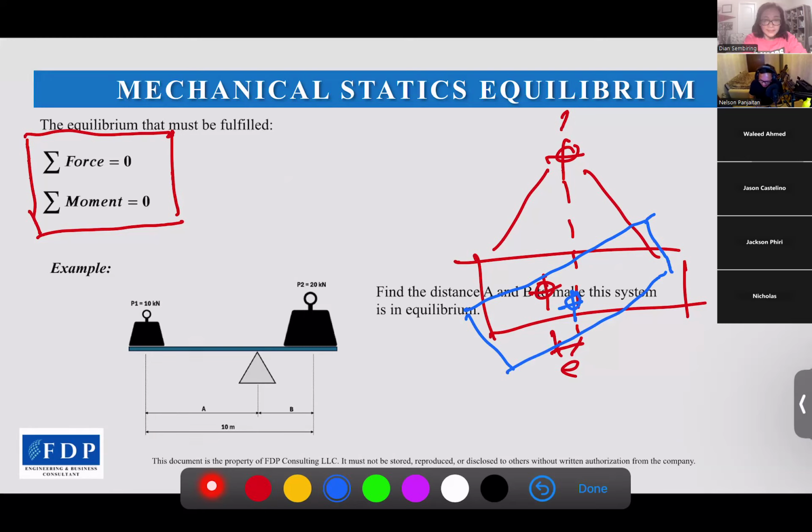Once the COG is in line with the hook, that moment will lead the system to statics equilibrium, because the moment will become zero, because there is no distance, no gap between the hook and the COG, and the force itself will become zero, because the force acting on the object will be in line with the hook here.